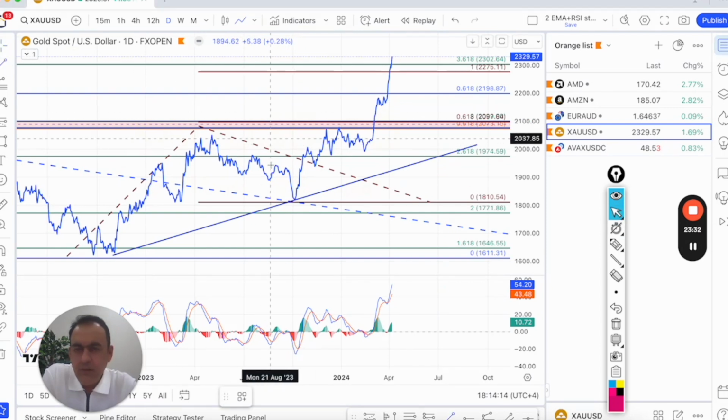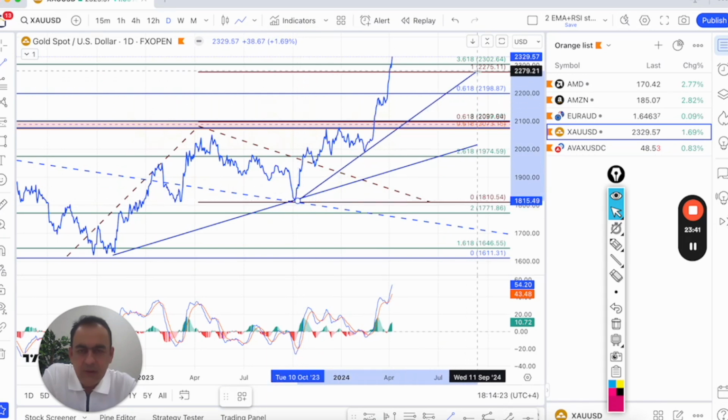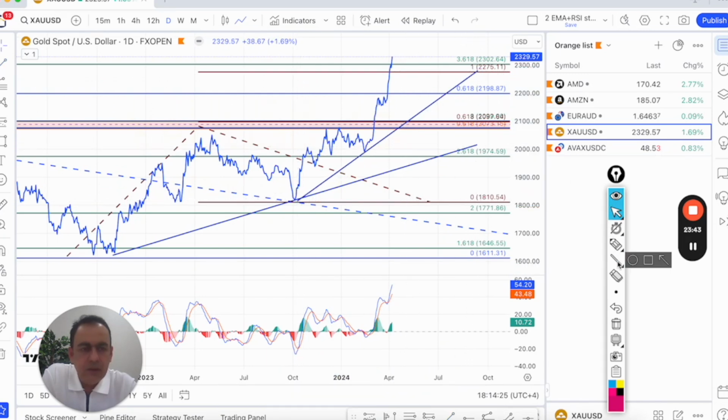And starting from this low, I've connected the new rising trend line. I'm going to mark here the low which was formed in October 23 and the price level was around 1800. Now I've connected a new rising trend line, and if we get an opportunity, if we get the discount in the coming days, then I can expect it to come back towards the fib level of 0.618 of the blue bullish cycle, and the price level would be around 2198 or 2200, and then it can continue in the upward direction.